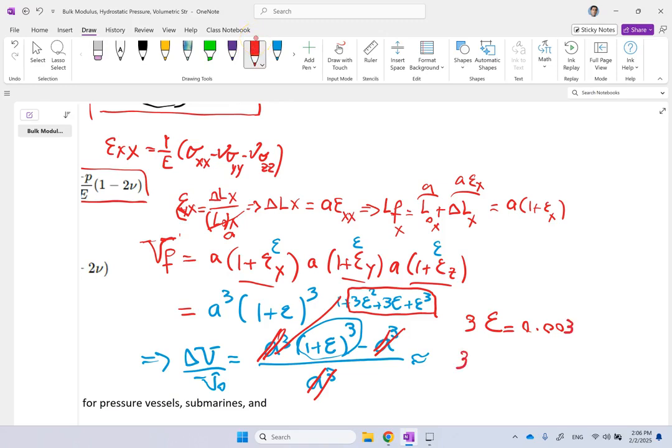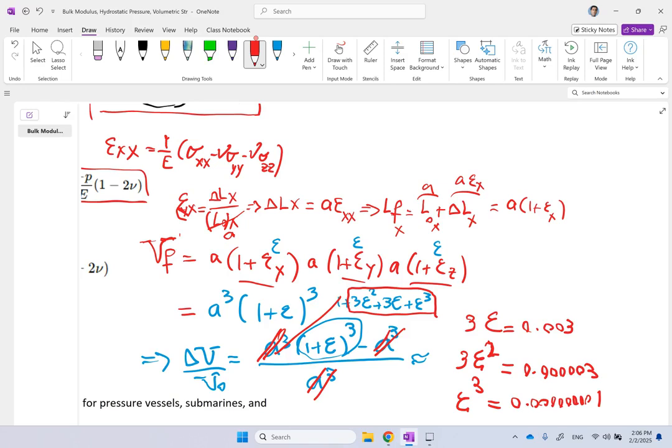And then 3 epsilon squared is going to be this. And epsilon cubed is going to have even more, correct? So you're going to get 9. So 4, 5, 6, 7, 8, 9, and there is a 1 here.